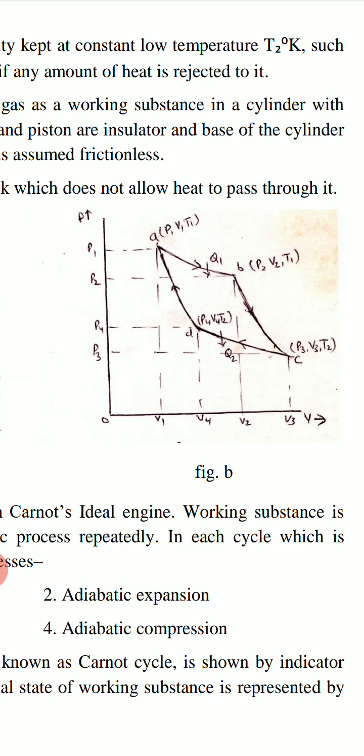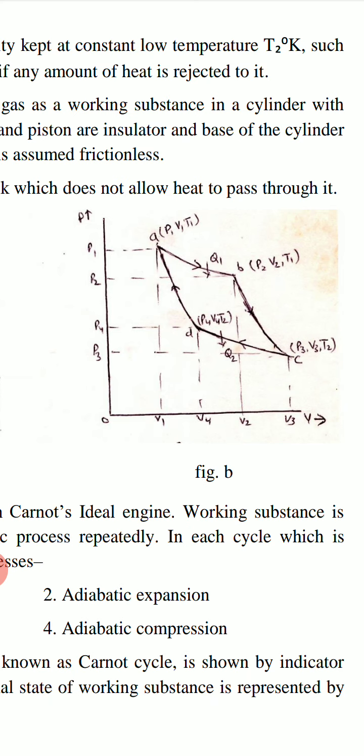We put the values of TV to the power gamma minus 1 for points B and C, and similarly we put the values of TV to the power gamma minus 1 for points A and D. Points B and C are endpoints of an adiabatic process, and also points D and A are endpoints of an adiabatic process.